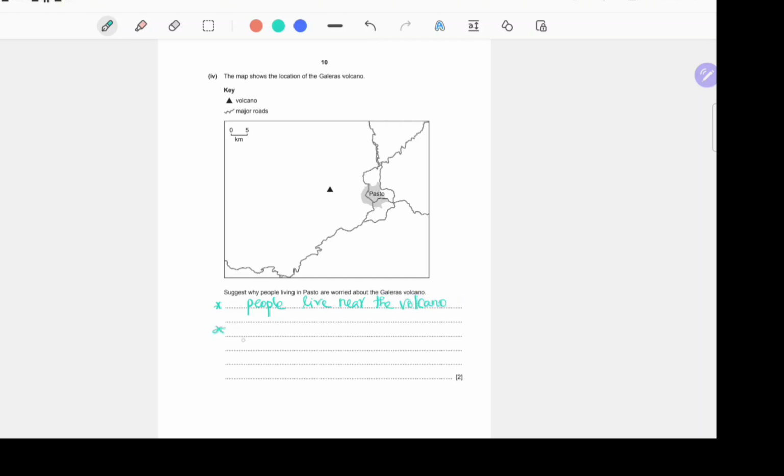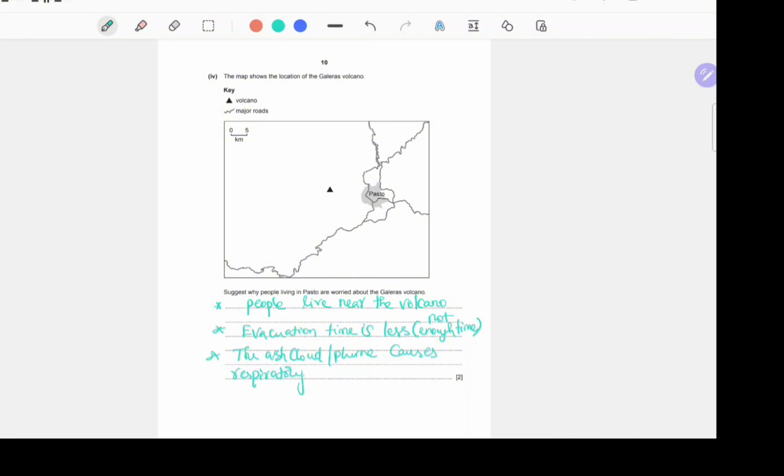And the evacuation time is less, because there is not enough time if it erupts, because it's very near. Then another thing I want to write: the people will suffer from health issues, like the ash cloud or the plume causes respiratory problems.